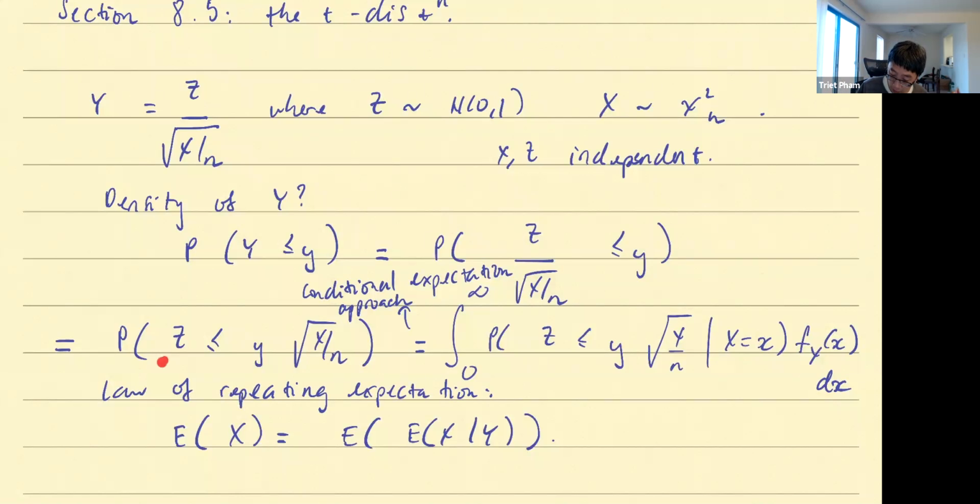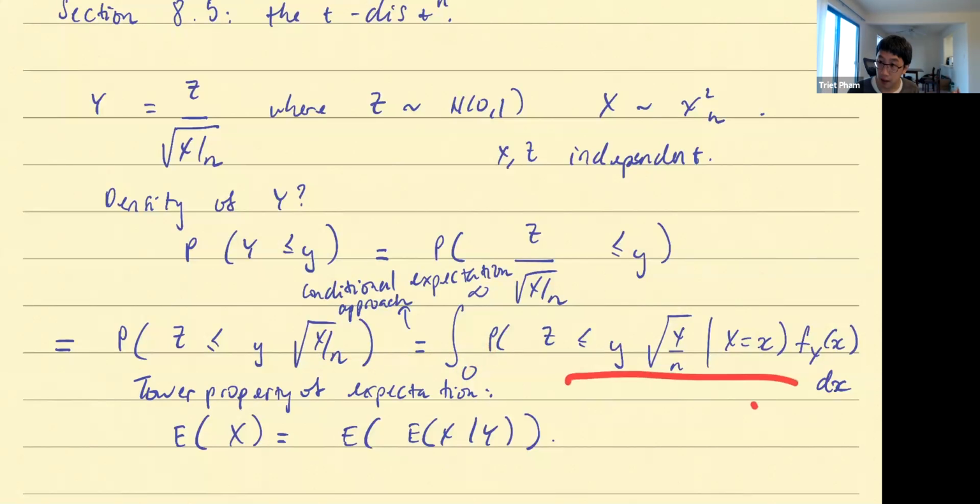It's the tower property. So when you want to calculate some kind of expectation or probability, you can condition and then integrate out. I just want to bring it out to tell you that this is not a strange thing. It's a very popular technique, and trust me, this works.